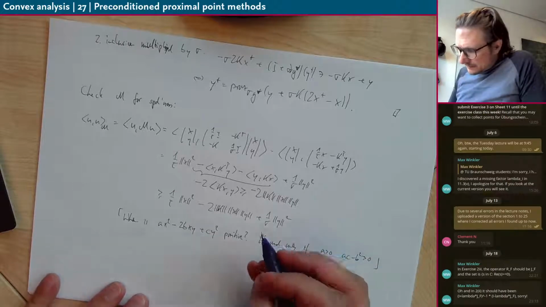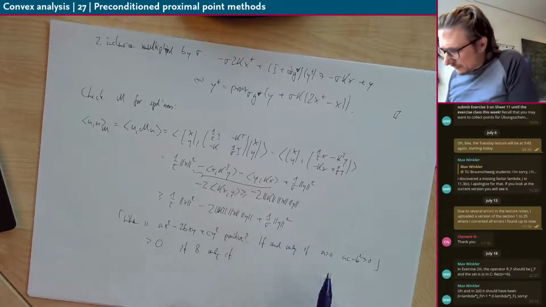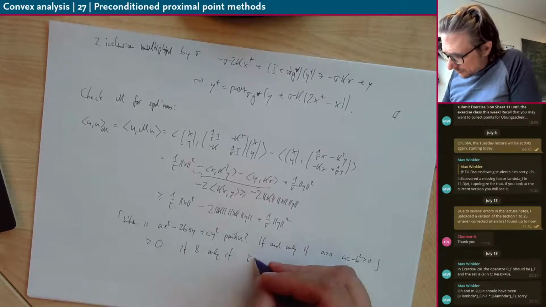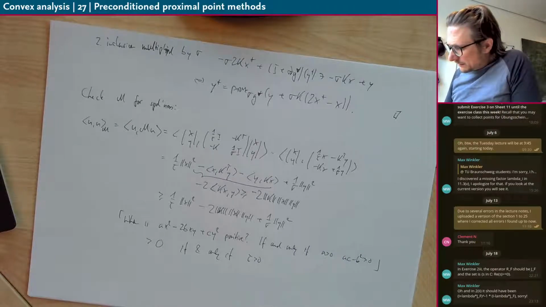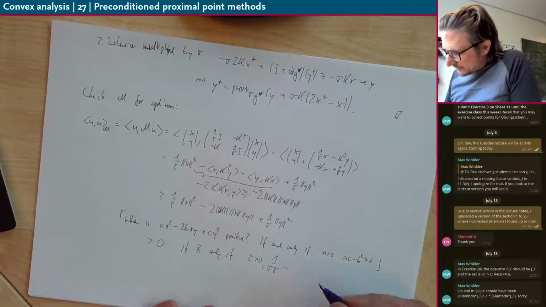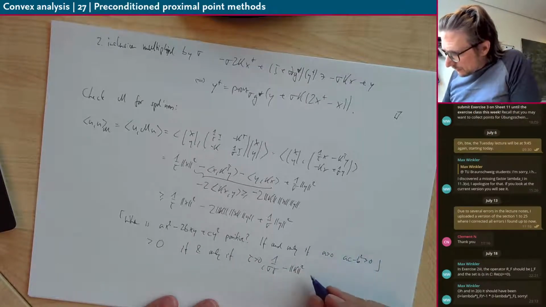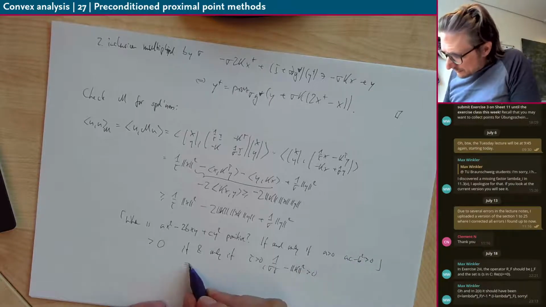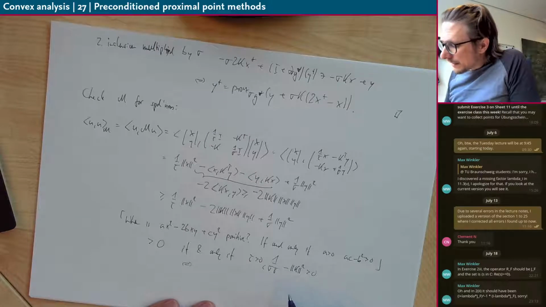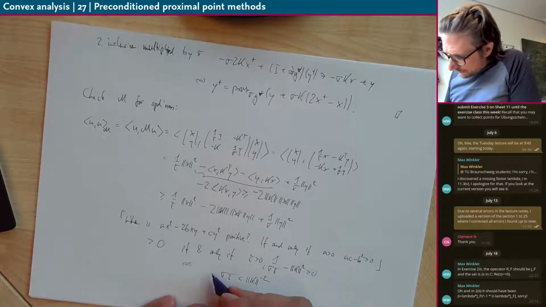So we see that this here is positive if and only if, our a is 1 over tau, so we need tau positive, and ac minus b squared, where a and c give 1 over sigma tau, minus the b, which is just the norm k, squared, also positive. And this here is equivalent to saying that sigma tau is bounded by norm k to the minus 2 and also positive.